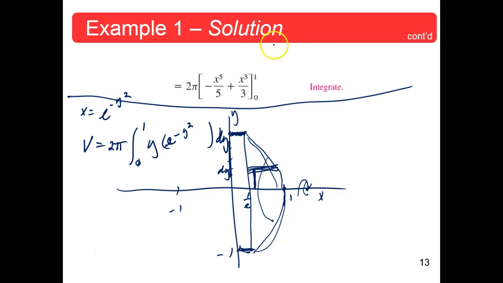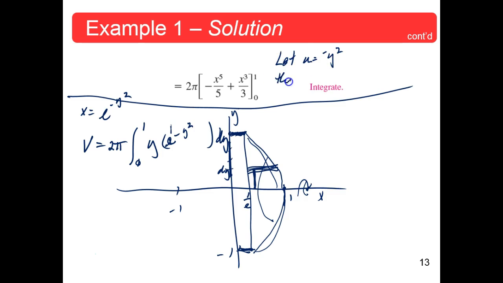So let's change this to, because the more complicated function here is obviously the e function, right? So let's let everybody's favorite, u equal minus y squared. Okay? You all right with that?